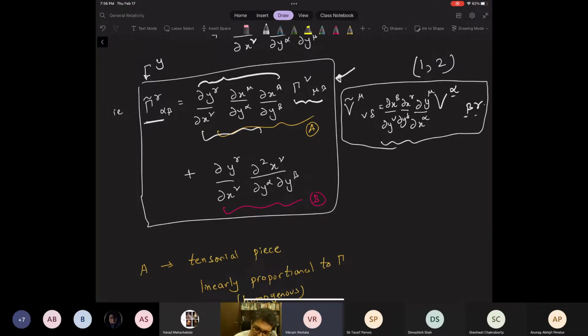So the first part of this transformation looks like a tensor transformation rule, but it turns out that there's a correction to this. These coefficients gamma, which are your parallel transport coefficients, or the connections, between two different bases, they don't just transform like a tensor. There is this additional correction, which is partial y gamma, partial x nu, partial square x nu, partial y alpha, y beta.